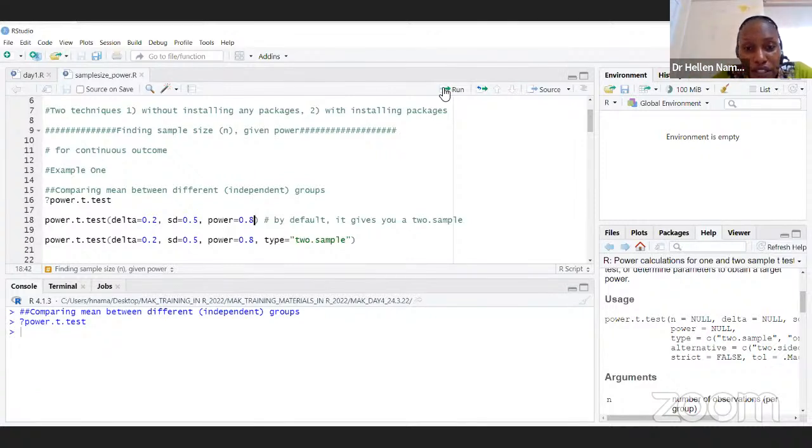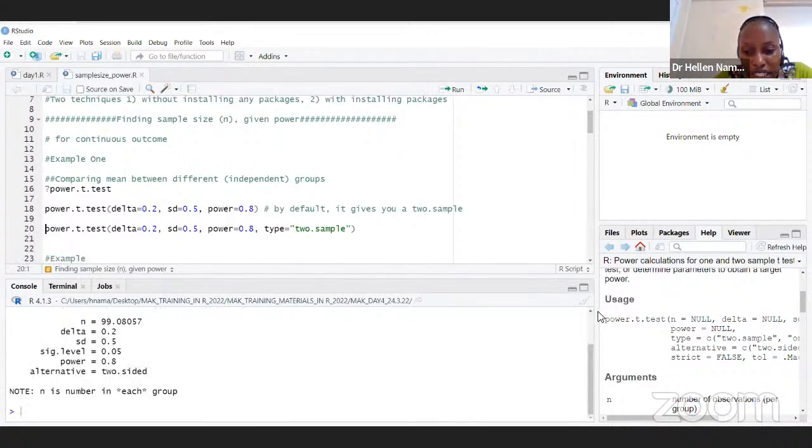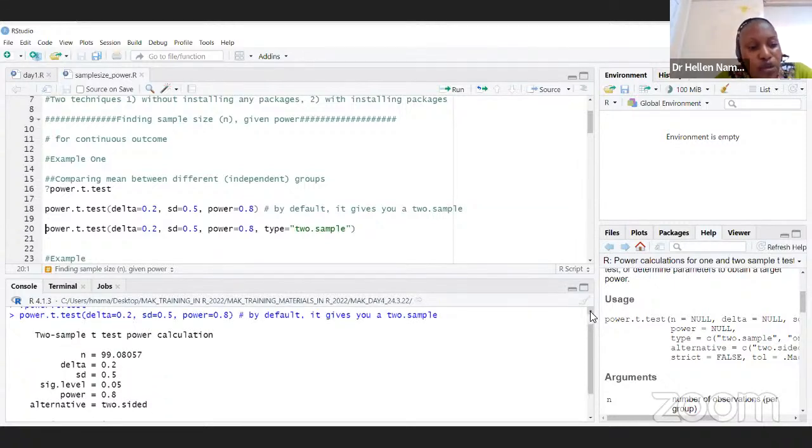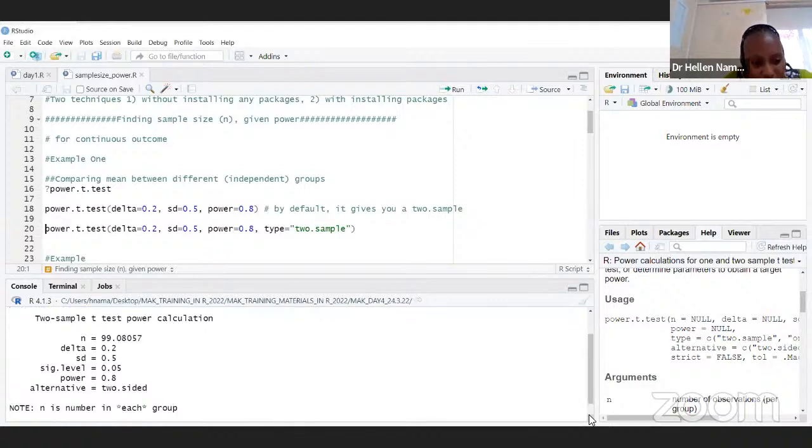When you run that line and then check your output in the R console, it is telling you by default, it will give you a 2 sample test.